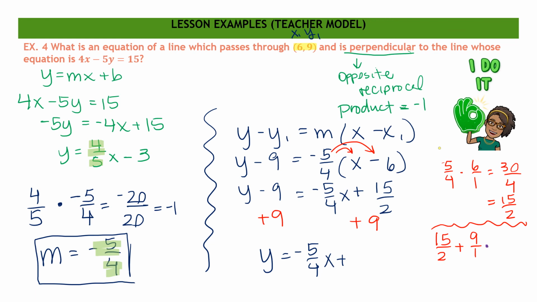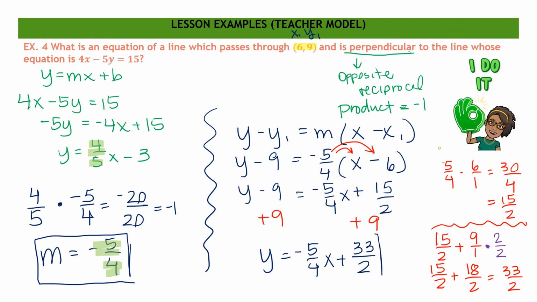The denominators have to be the same. I have a 2 already, so I can change 9/1 by multiplying the top and bottom by 2. Now I have 15/2 plus 18/2, and that gives me 33/2.